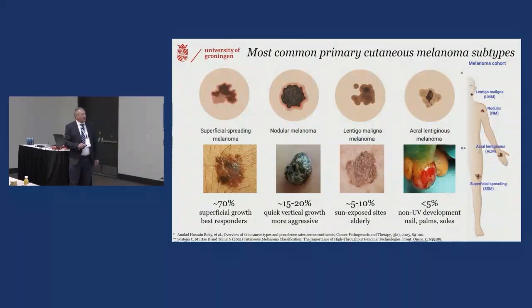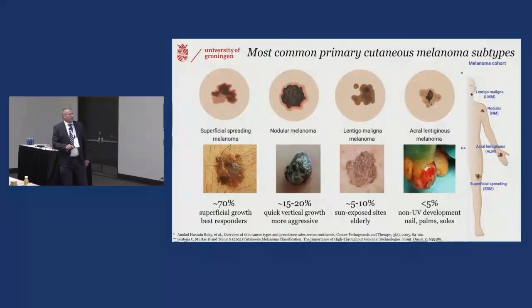And then you have so-called lentigo maligna melanoma, which occurs at sun-exposed sites. So if somebody goes too much in the sun, then in old age they can develop this type of melanoma.